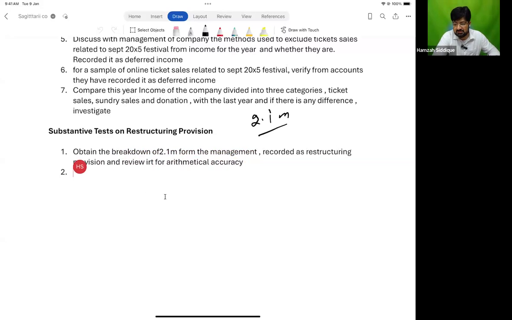Very easy. Obtain that source breakdown from management. Review it for arithmetical accuracy.